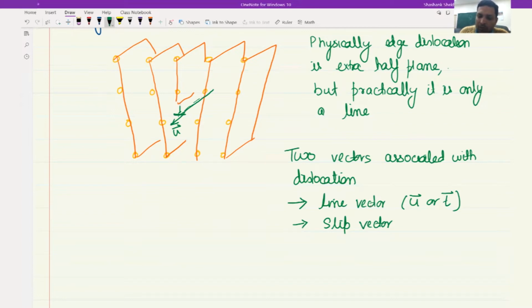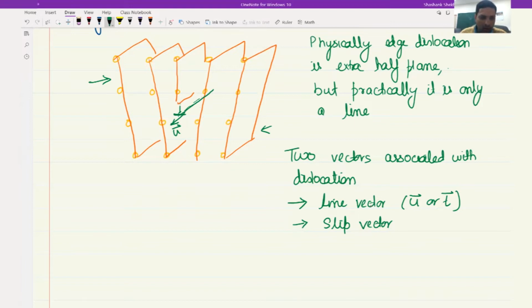This is the extra half plane for now, but this whole layer of atoms would now move on to, or get associated with, these atoms, and therefore this will become the extra half plane. Then if you keep applying stress like this, this one moves over here and this becomes the extra half plane, then this again gets joined to this and this becomes the extra half plane.